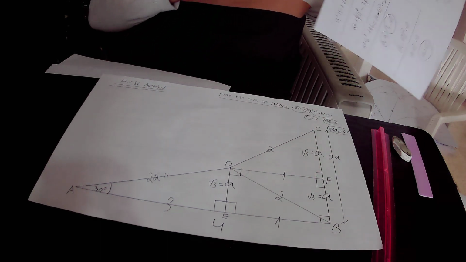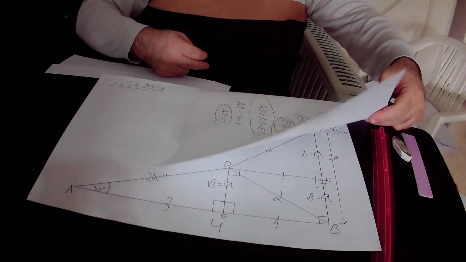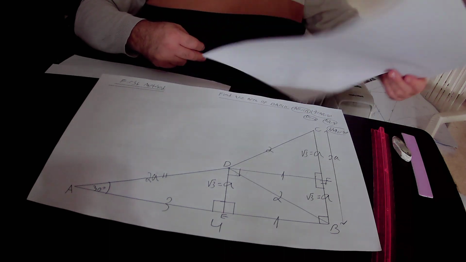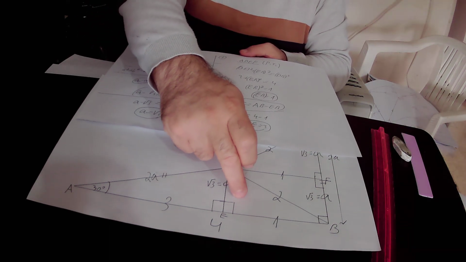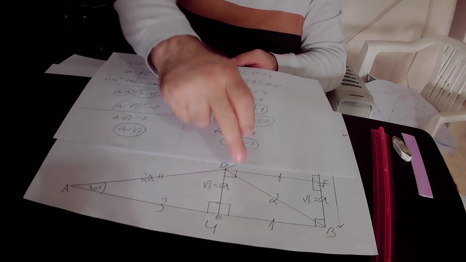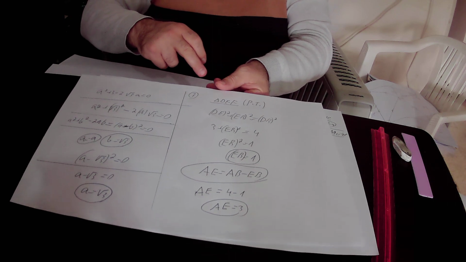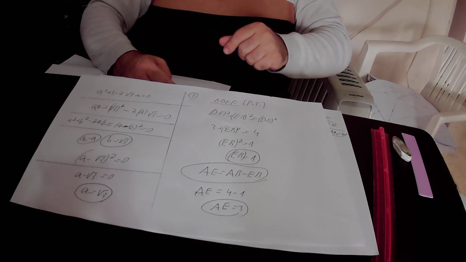And then we focused on triangle DEB. We implemented the Pythagorean theorem on triangle DEB. According to the Pythagorean theorem, DE squared plus EB squared equals DB squared.